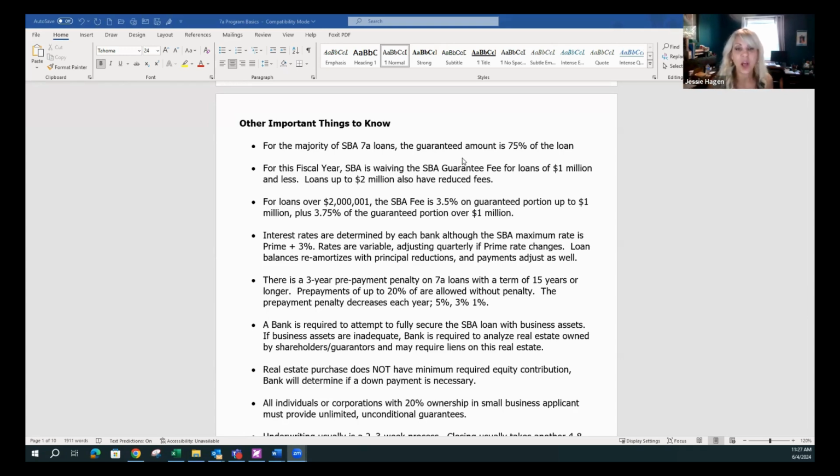But it does often help a bank feel more comfortable with the deal because they are getting a 90% guarantee from the SBA. It could be that little factor that says, we were kind of okay with the deal when it was 75%, or maybe on the fence, but now that we're getting a 90% guarantee, we're all in and willing to approve it.